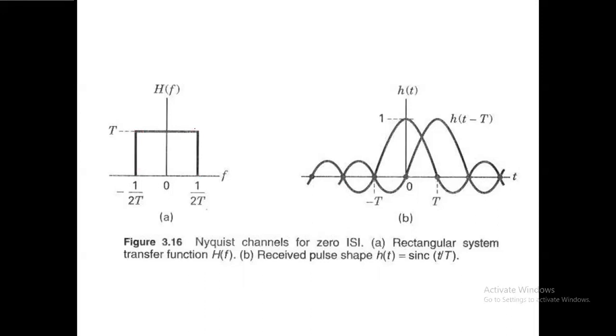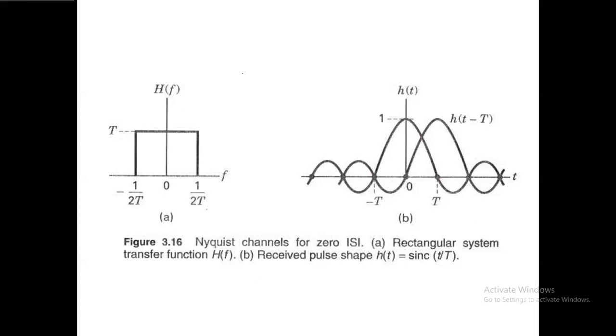So if we have a rectangular or a low pass filter at the transmitter, we are able to transmit the pure sync pulses. So this is in fact the pre-filter used at the transmitter to generate the sync pulses.